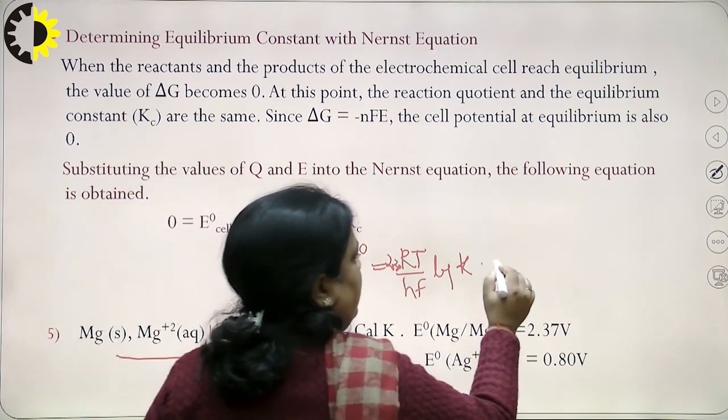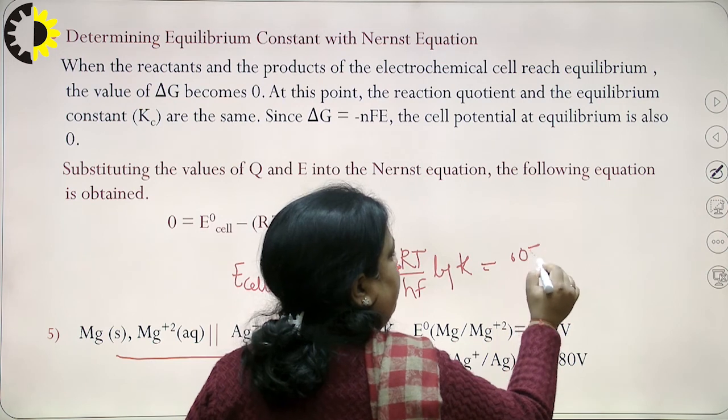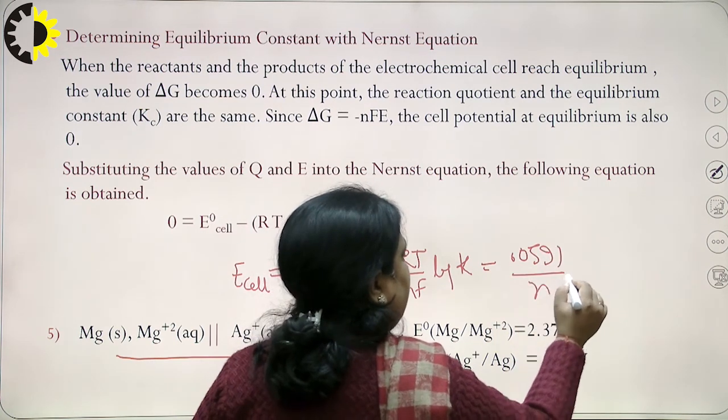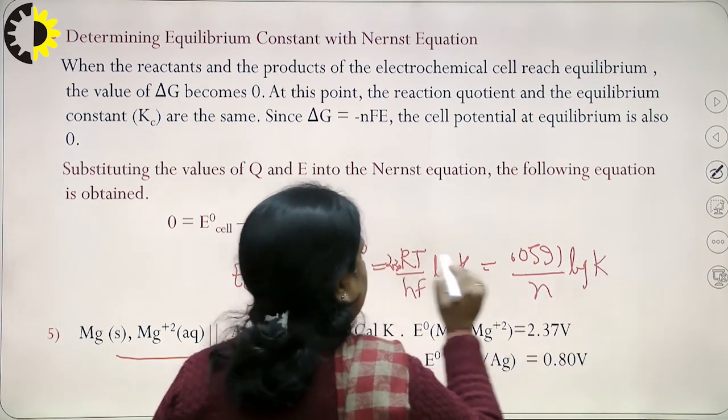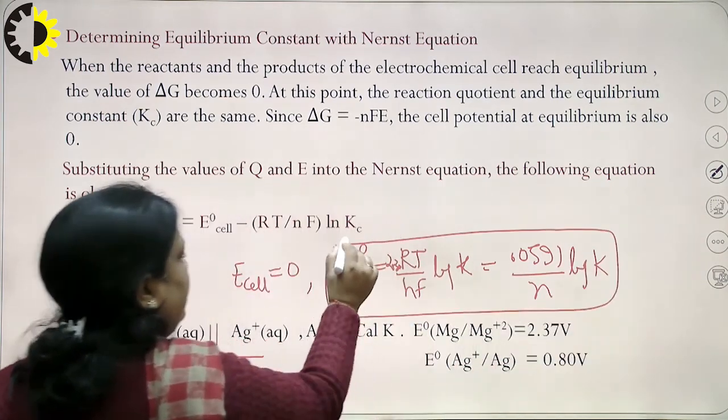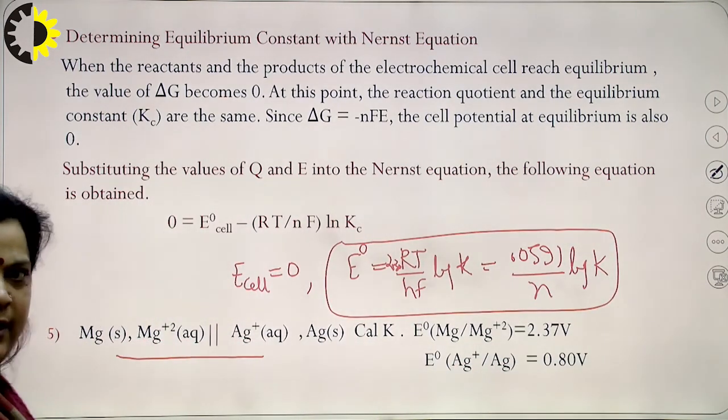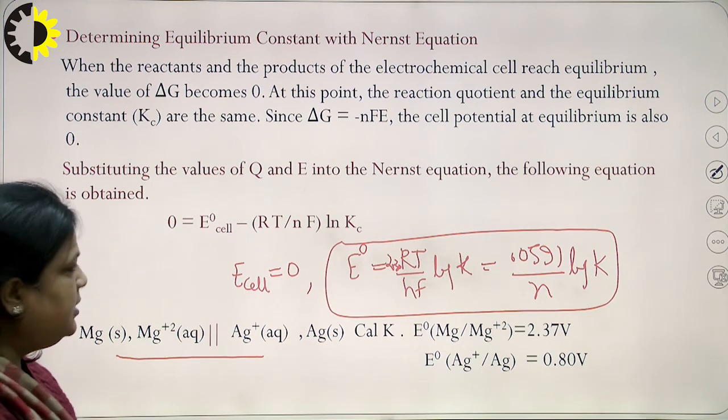So, E naught is equal to 0.0591 upon N log of K. From this we can find log K or K, where K is the equilibrium constant.